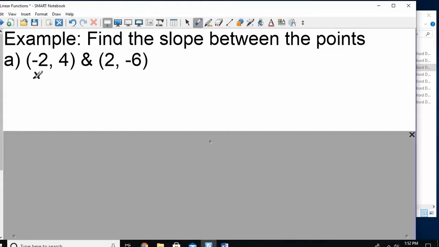So it doesn't matter what you use for your x1, but you just have to make sure your y1 comes from the same ordered pair. And our slope, we just wrote down our formula, y sub 2 minus y sub 1 over x sub 2 minus x sub 1.